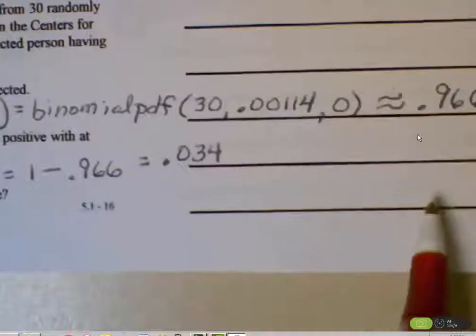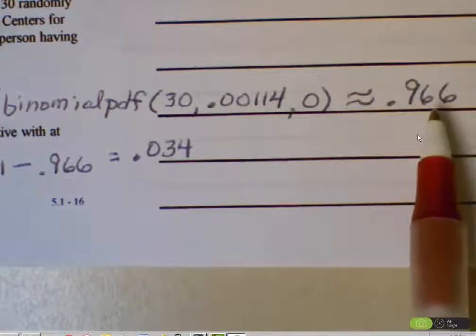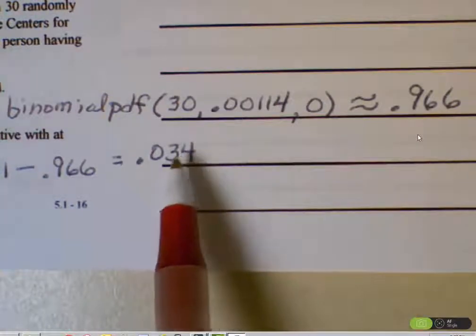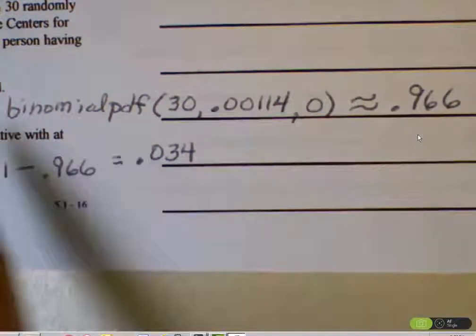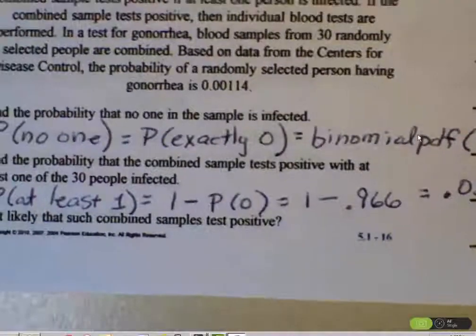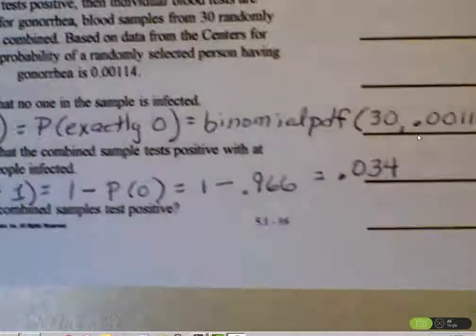In other words, about 97% of the time, the batch test will be negative. About 3.5% of the time, the batch test will be positive, and we'll have to go back and do individual tests.